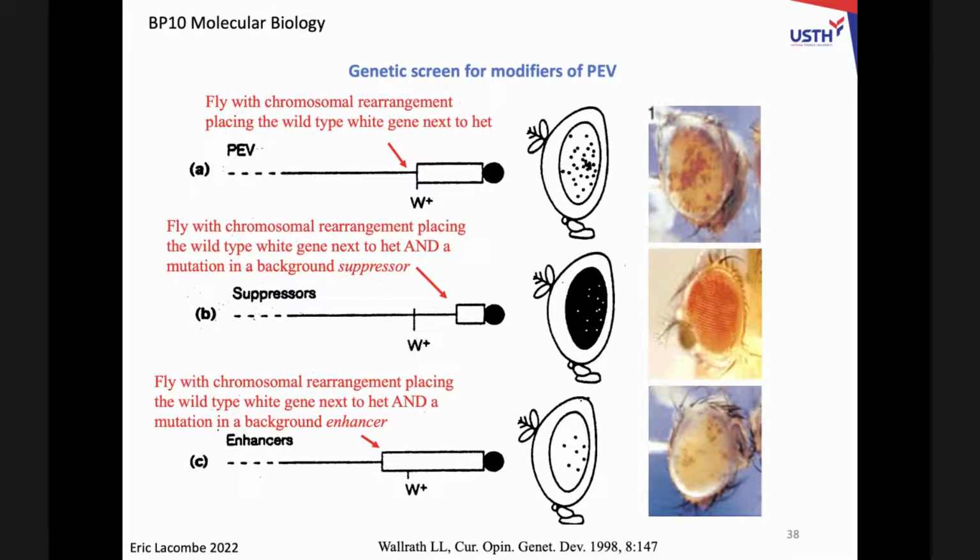Okay, so why W? W doesn't stand for white. It stands for wild type. No, the wild type fly has red eyes.